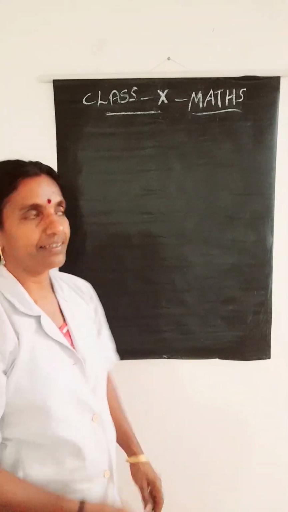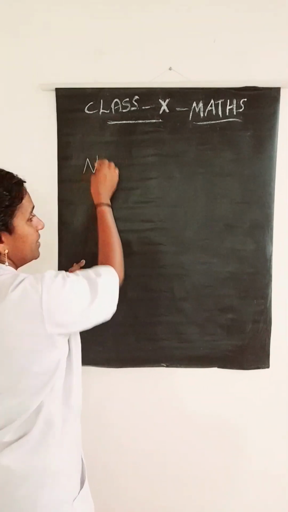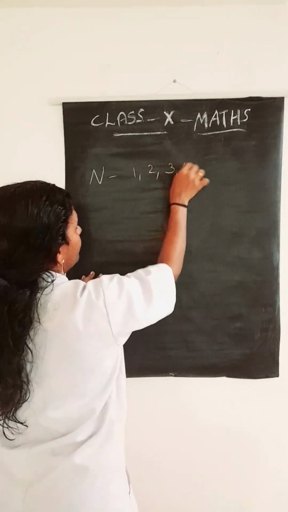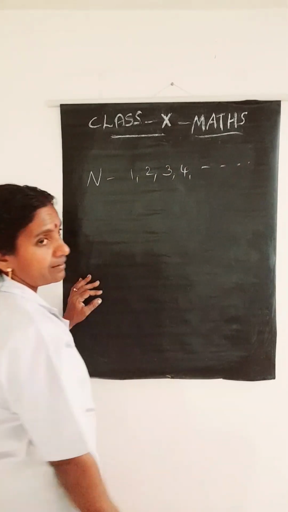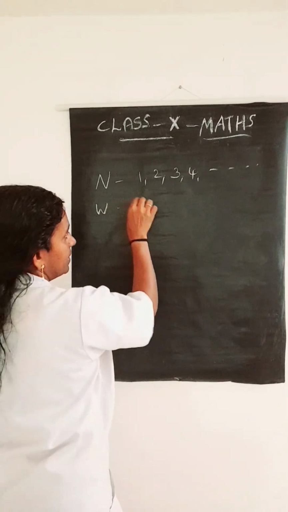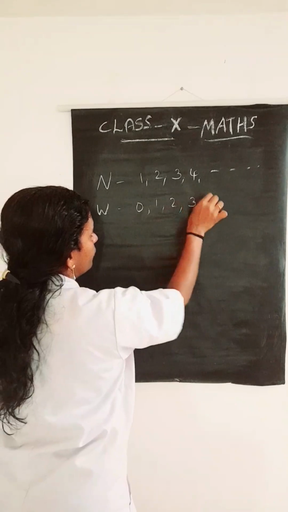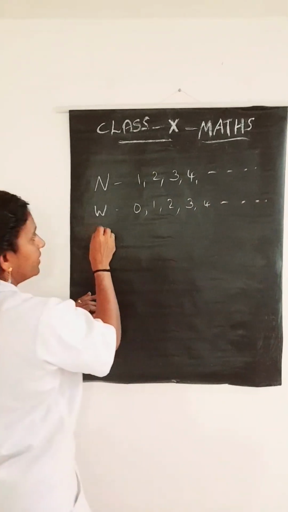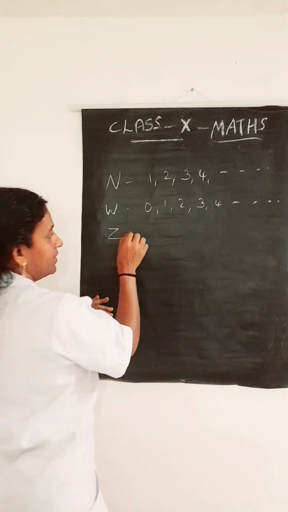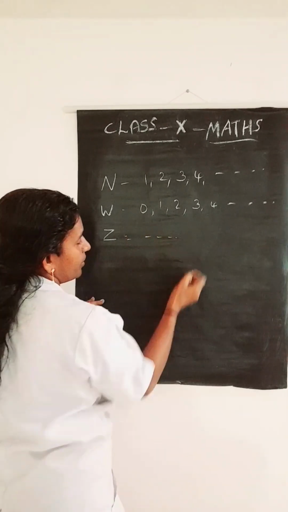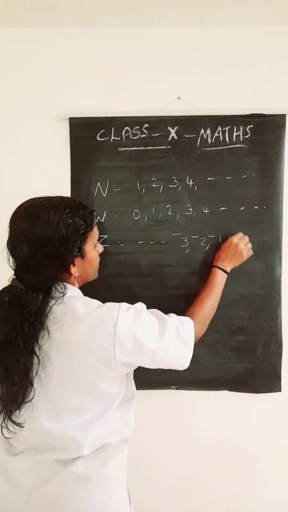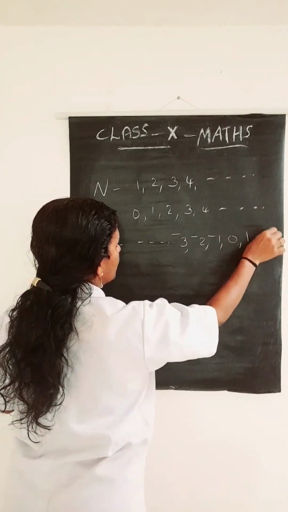Now we can see N. N means natural numbers 1, 2, 3, 4, etc. We can't say the last natural number. Then W. Whole numbers 0, 1, 2, 3, 4, etc. Then next is Z. Integers, that is, etc., negative 3, negative 2, negative 1, 0, 1, 2, 3, etc.